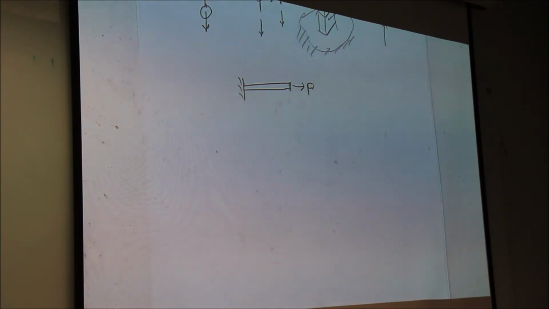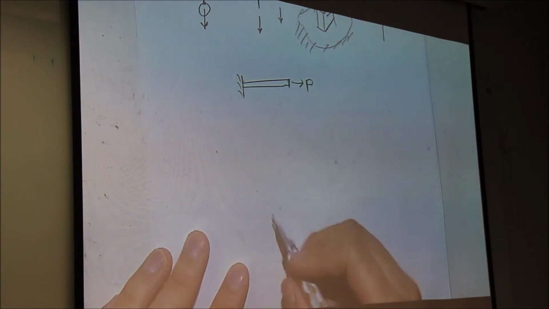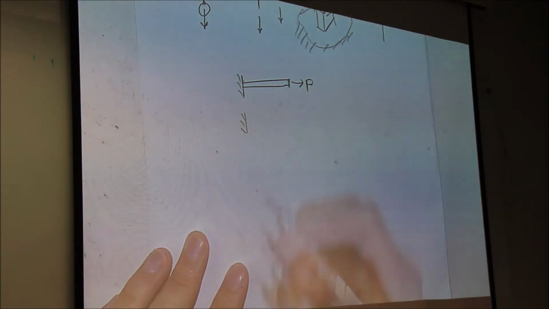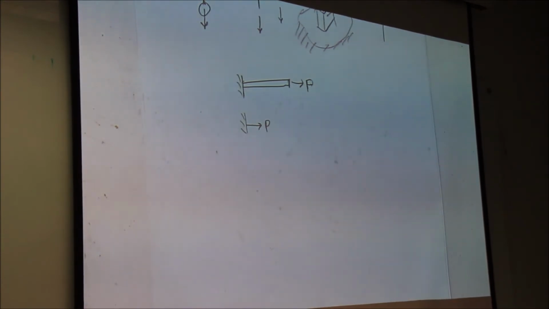You guys have probably seen this in Physics 1, so I'm not going to dwell too much on this, but basically, we know that if we take the wall out of context, it's also going to be feeling some sort of load P acting on it. This kind of makes intuitive sense to us, because we know that if the bar is being pulled by P, the wall is also going to be pulled by P.